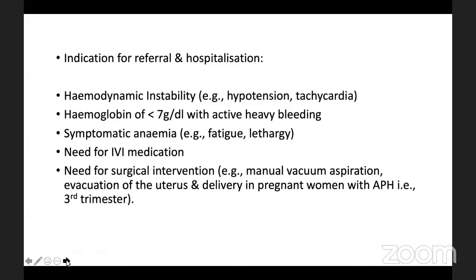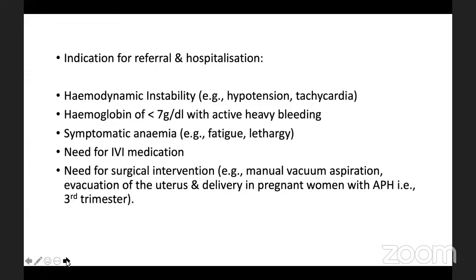And then we also advise that the patient that require IV medication rather be admitted, whether it's either a level 1, level 2, or level 3, depending on where the healthcare worker is seeing the patient at that time. Then obviously the patient that are going to need surgical intervention have got to be referred to hospital, be it manual vacuum aspiration.